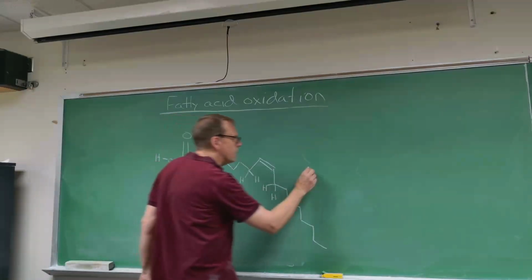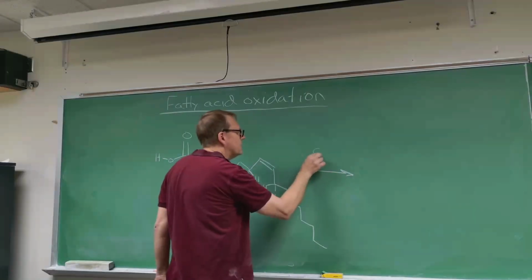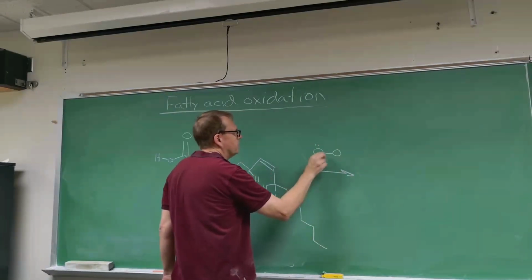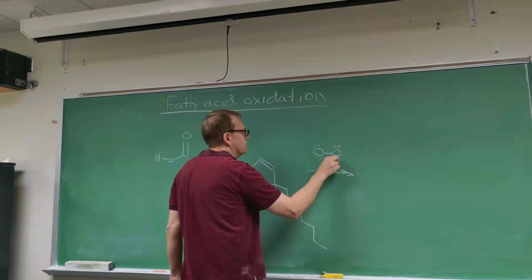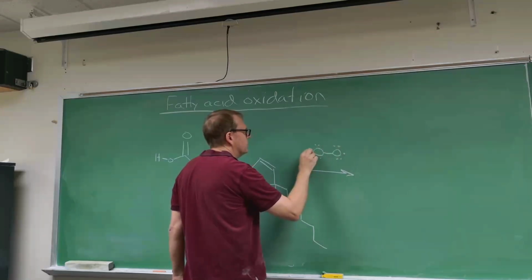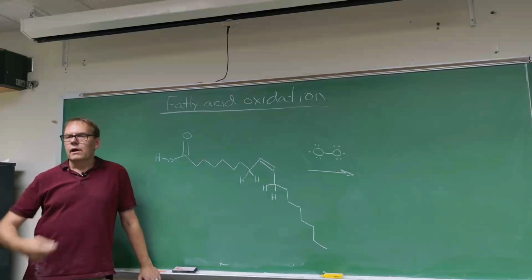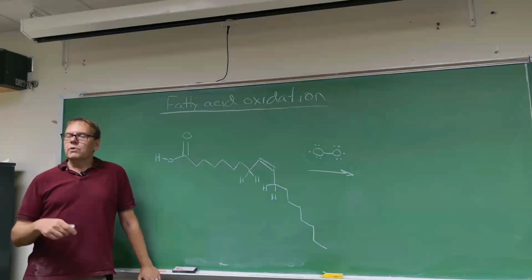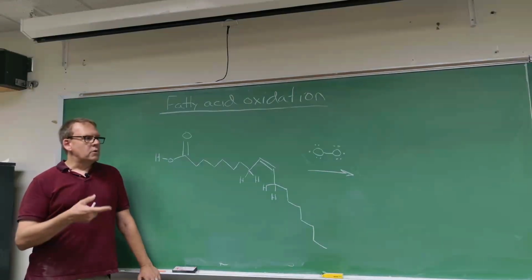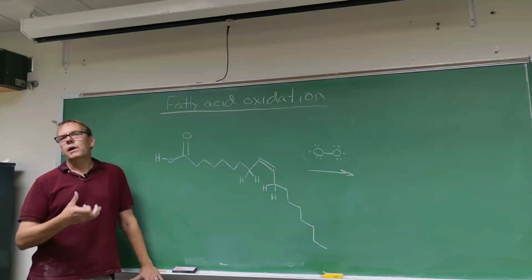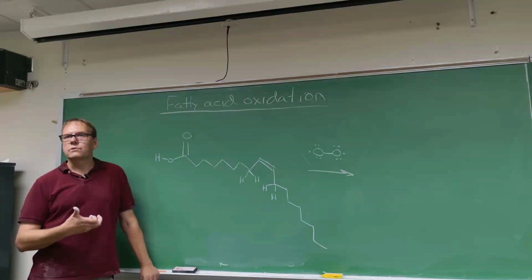So the problem is that we are living in a sea of oxygen, which is important for our survival. We have to have oxygen to metabolize our food and drive our metabolic processes, but it's a diradical. Oxygen, O2, you can write it a couple of different ways, but this is probably the one way that describes it best.